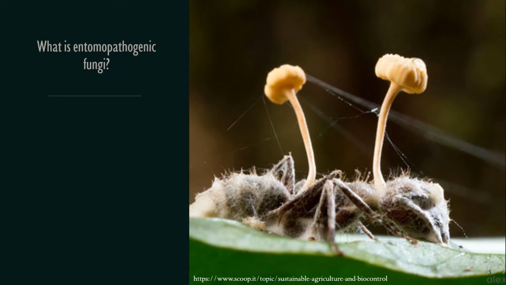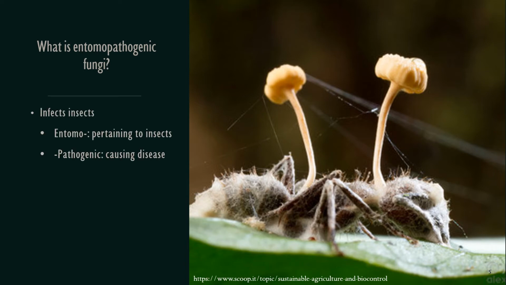What are entomopathogenic fungi? By breaking down the word entomopathogenic, we see that they are a type of fungi that infects insects. These fungi start by growing on the outside of the insect. Then by using cuticle-penetrating enzymes, the fungi grow into the insect, entering their hemolymph fluid and killing them.